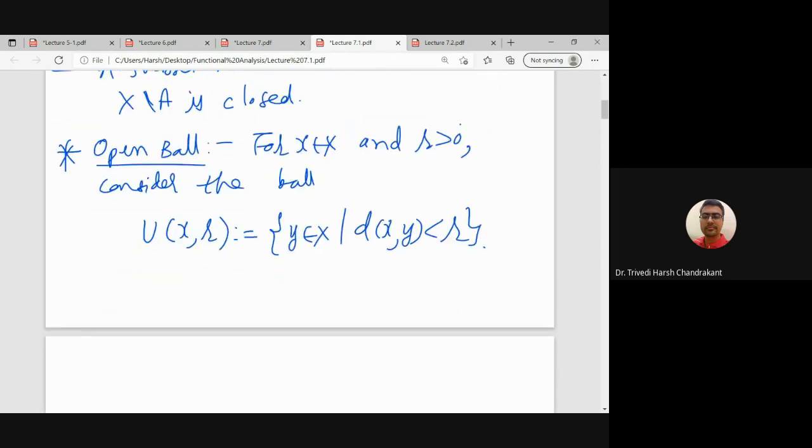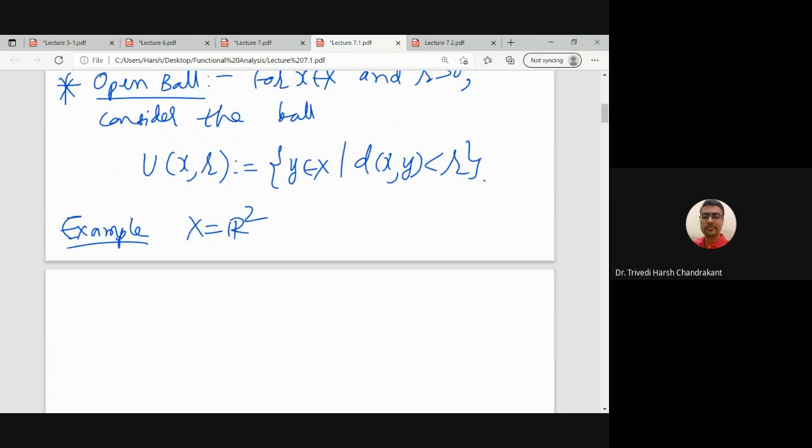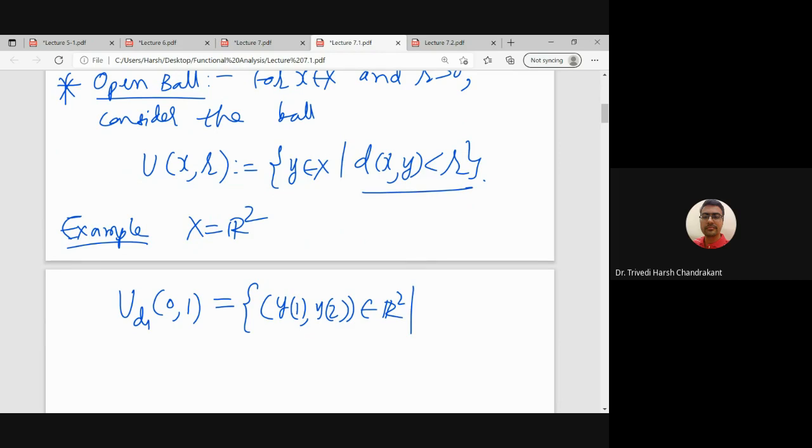Right, so we already know one simple example of R2. If we take X equal to R2, and if we take with respect to the first metric, the open ball in R2 means we have two coordinates, y1, y2, that is an element of R2, so that the first metric of x and y.